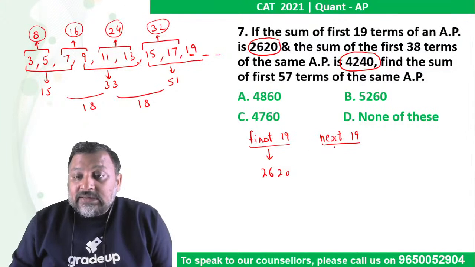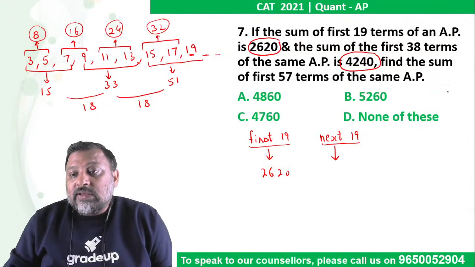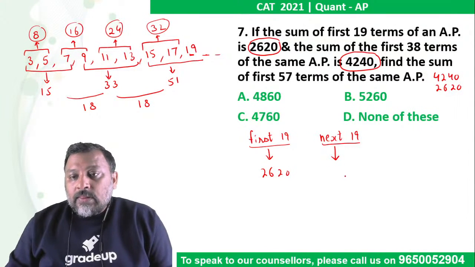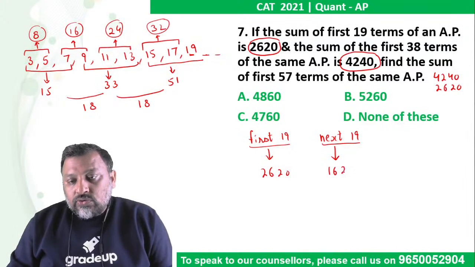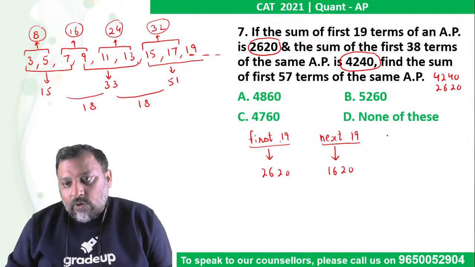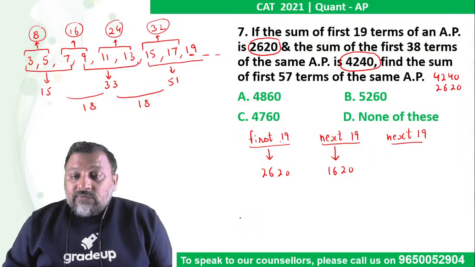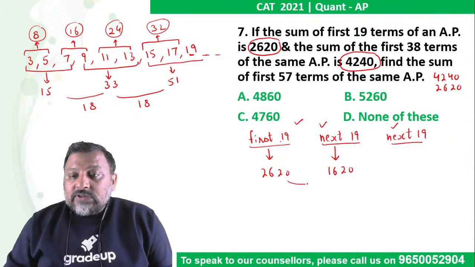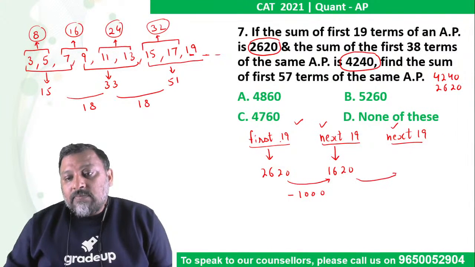So can we say next 19 का सम क्या होगा, it is nothing but 4240 minus 2620, okay, which is 1620. तो फर्स्ट 19, नेक्स्ट 19, अब आगे अगर आप और नेक्स्ट 19 करोगे एंड उसके बाद वी विल ऐड ऑल थ्री टू गेट द सम ऑफ फर्स्ट 57. तो कॉमन डिफरेंस पता चल गया कितना है, कितना है कॉमन डिफरेंस, -1000. तो अगला क्या होगा, -1000 फिर से कर दो, 620.